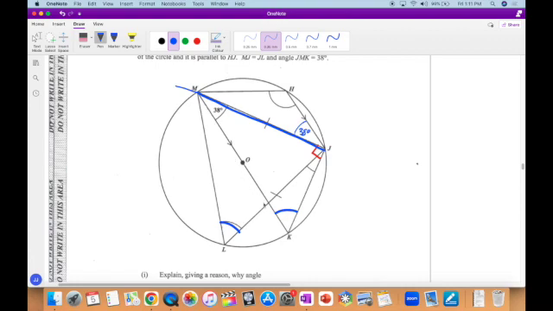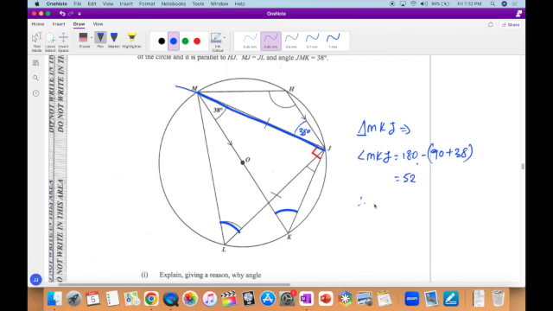So we could see that from triangle MKJ, the angle MKJ, this angle here, will be 180 minus the 90 plus 38. So we're talking about this triangle here. And so we will get 180 minus 90 plus 38 is 52.